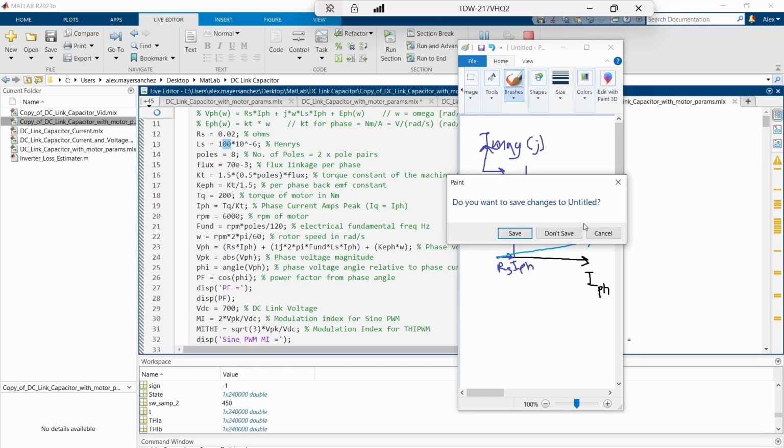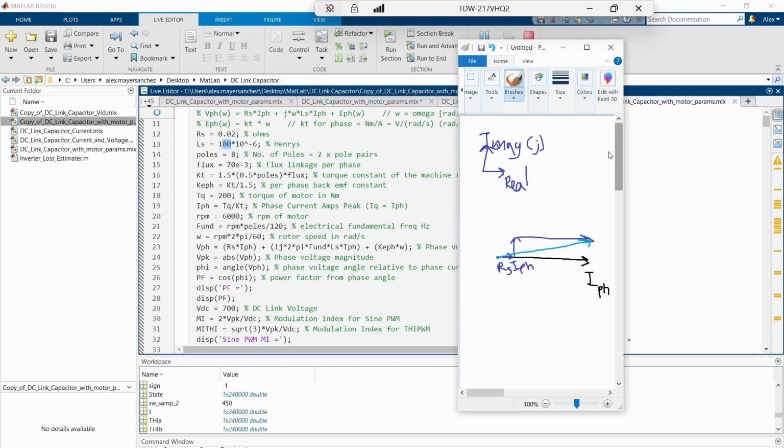So then we end up getting this phase shift between the phase voltage and the phase current. And then from that, we have this complex vector for V phase. So then V peak, the peak value of this phase voltage, is going to be the magnitude of the phase voltage.